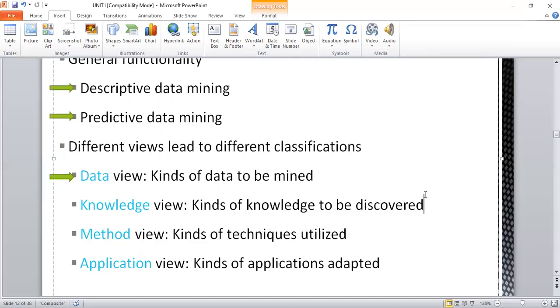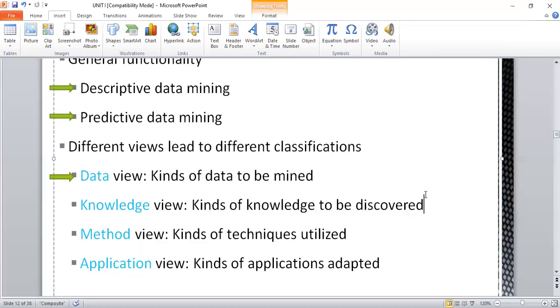So here, what is the point? Just to make it easy to understand, if we are classifying data mining according to data models, it can have relational, transactional, or data warehouse mining systems.